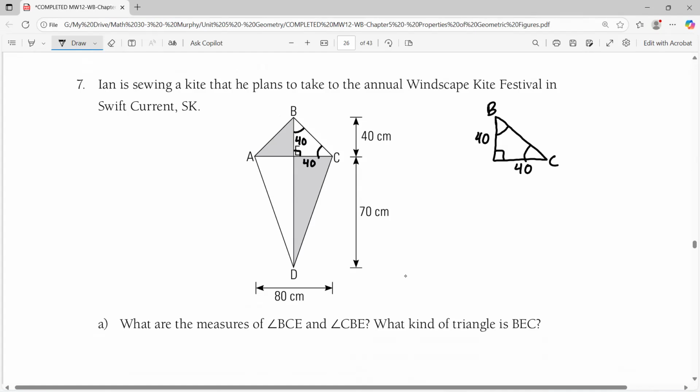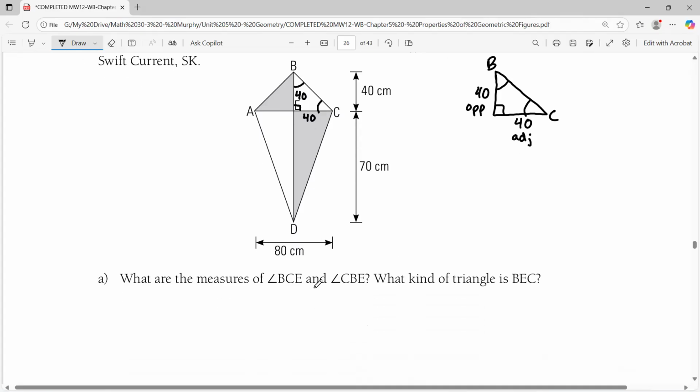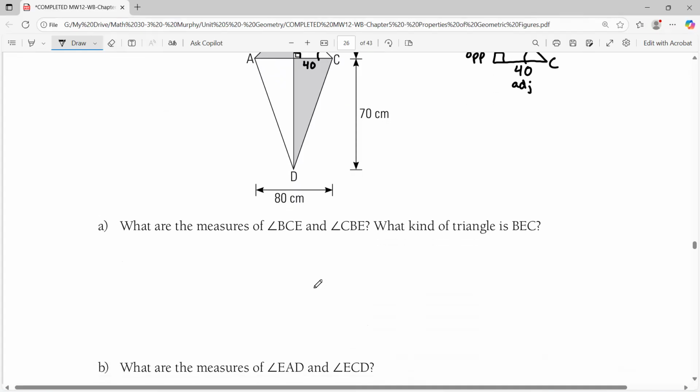So looking at this, I'm just going to solve for the first one right here, angle C, and this would be opposite and adjacent. Now, if you chose to do angle B first, 40 would be opposite, and this one would be adjacent. But lucky for you, the numbers are the same. So we're going to be using tan, opposite, adjacent.